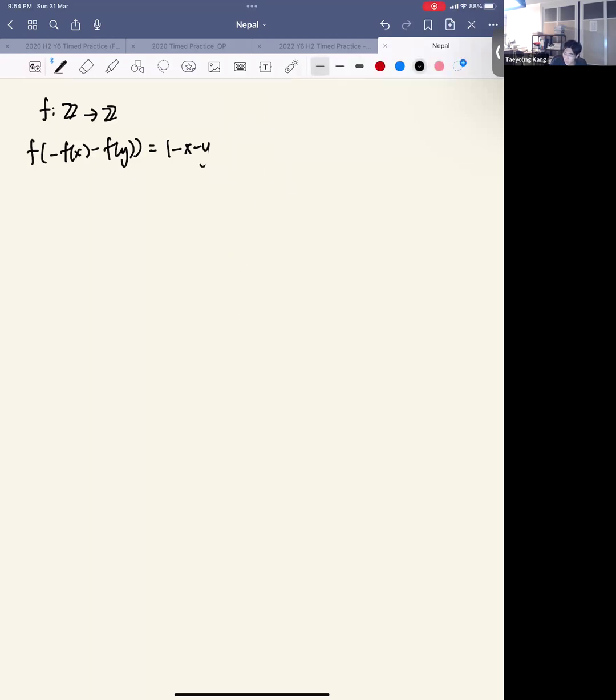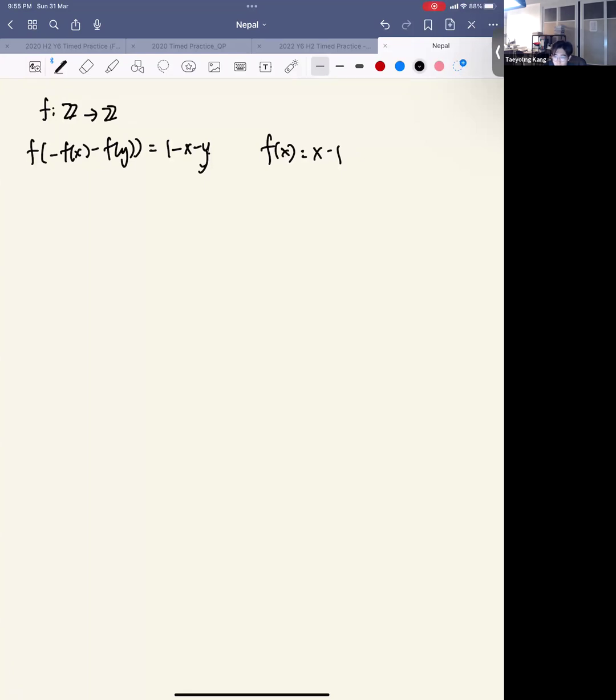So if you actually try, the solution to the function should be f(x) equals x minus 1. You guys should try showing that this actually works. Okay, I'll just go through the solution then.